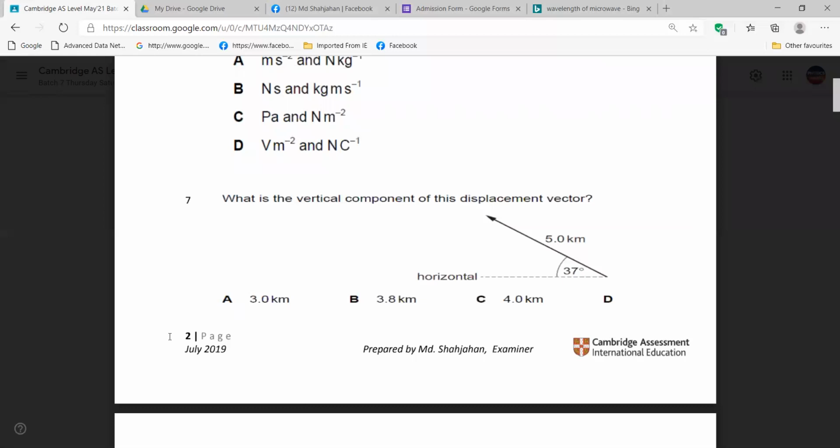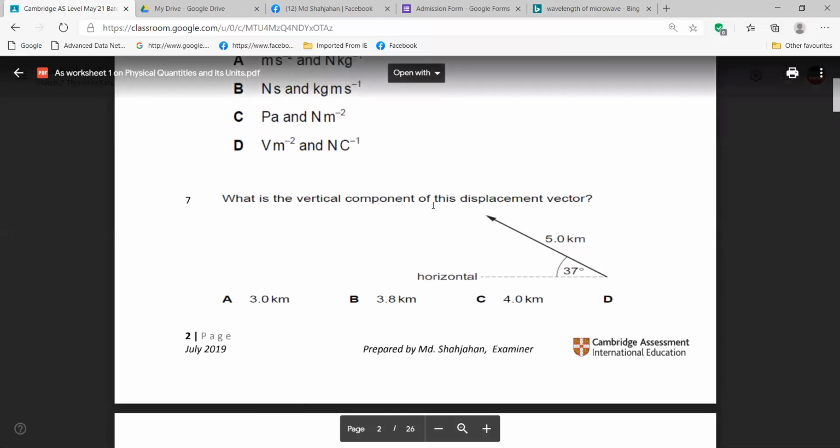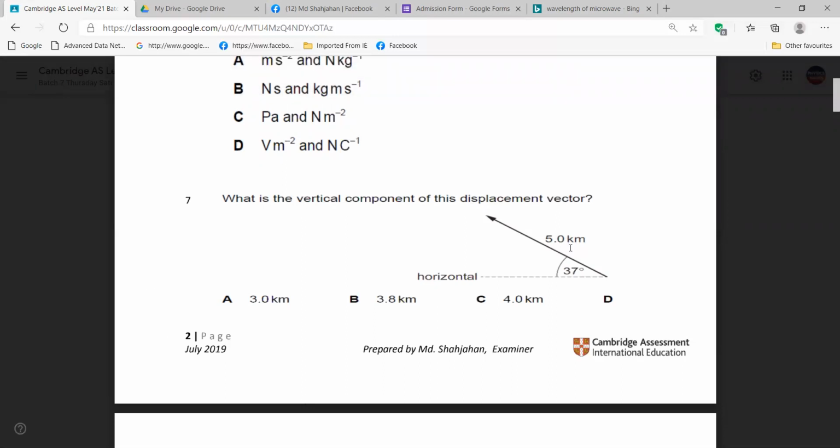This one, we had one formula, that horizontal component and vertical component, right? So they are asking you about the vertical component of this displacement vector, 5 kilometers. Can you check out your notes? What is the formula for vertical component? I think I never wrote that, sir. Oh yeah, I wrote that.